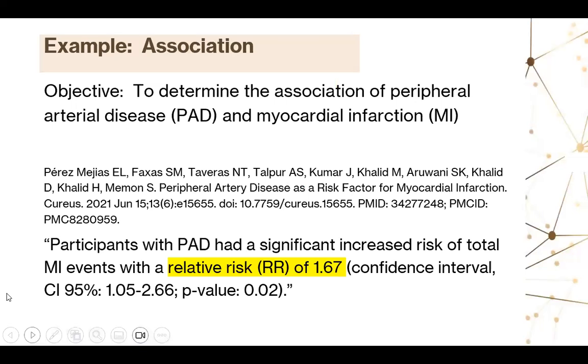Again, searching through the literature to find the basis of a sample size calculation, I came across this article by Perez, Faxas et al. That said this: participants with PAD had a significant increased risk of total MI events with a relative risk of 1.67 and the confidence interval given here. So I highlighted the value that I need to compute the sample size.